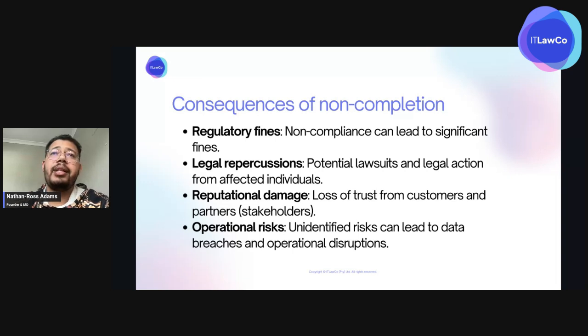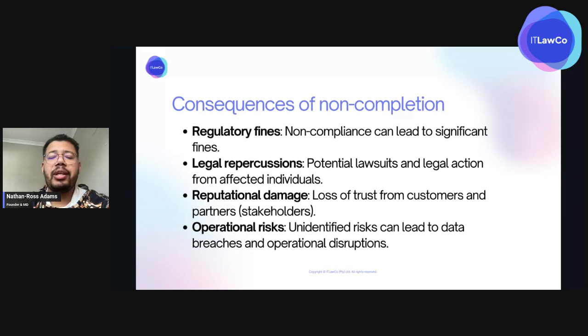What I've typically seen is it manifests as interdicts to stop processing. It also manifests as claims for damages. So, and that really, your contracts are important within that context, and your documentation in order to have an overview of that.